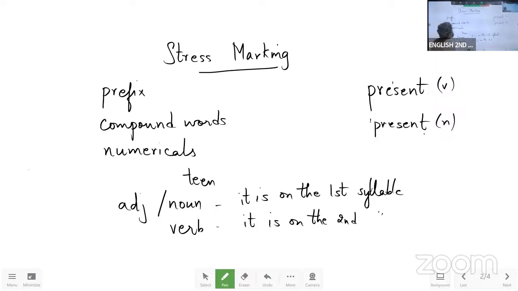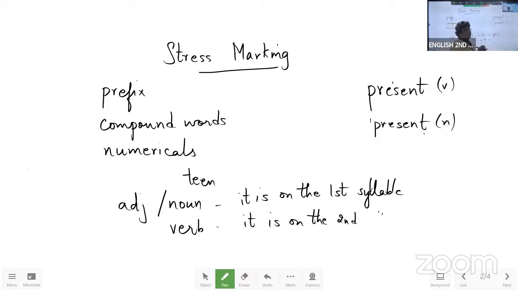Likewise, numerals. Again, like I said, in compound words also, they have given some words where the stress mark is not on the first syllable.